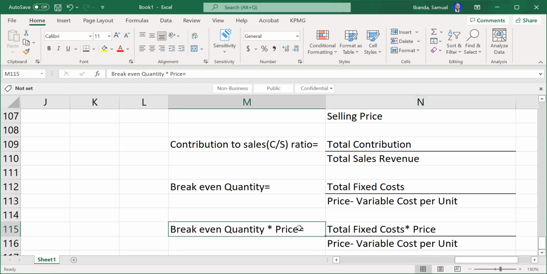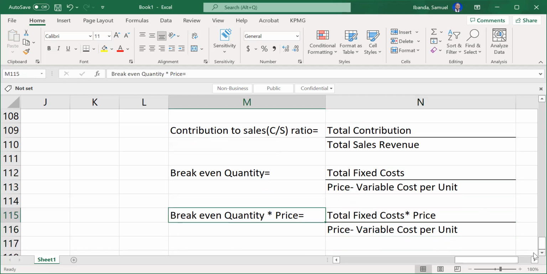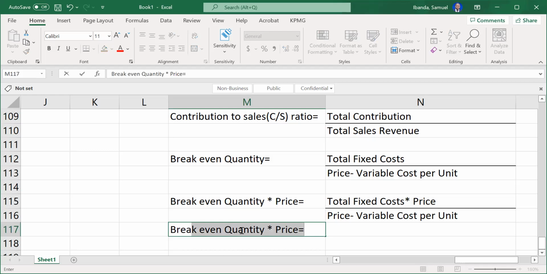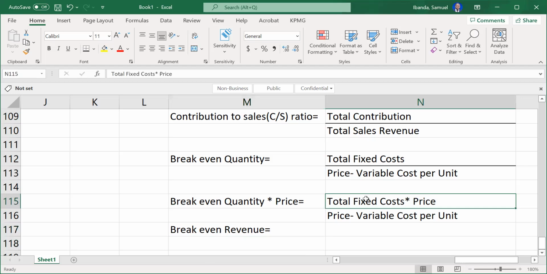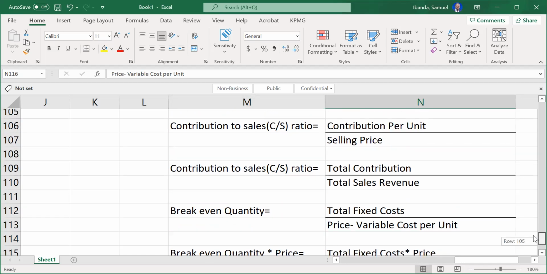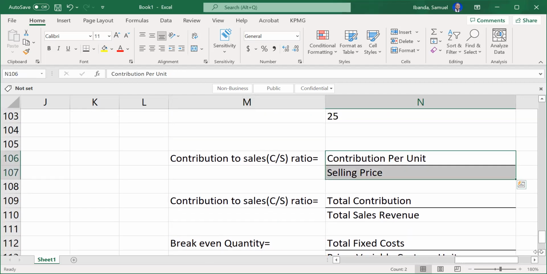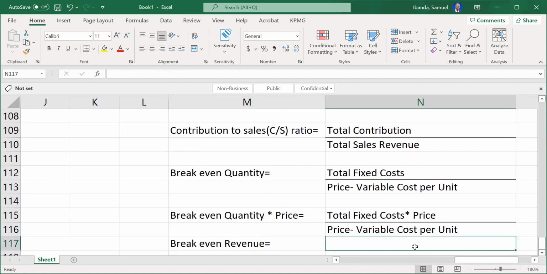I'm just trying to adjust my formula. Remember, we say that break-even quantity times price gives you what we call break-even revenue. And break-even revenue is given by total fixed cost times price. So what I want to do is get this from my formula here.